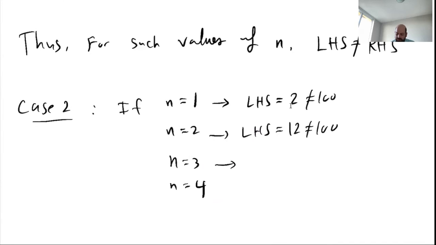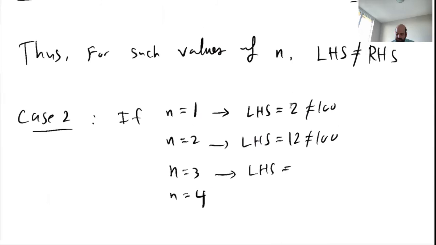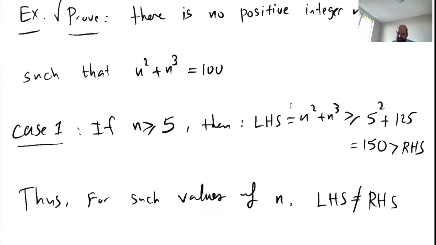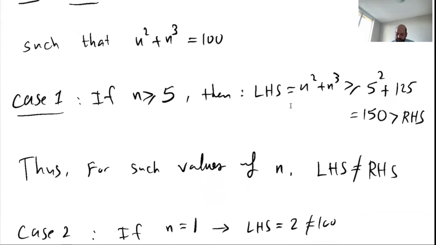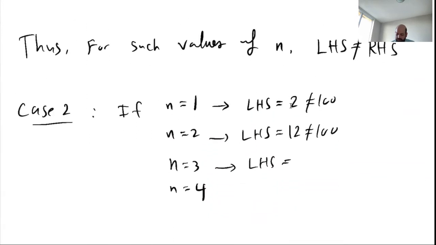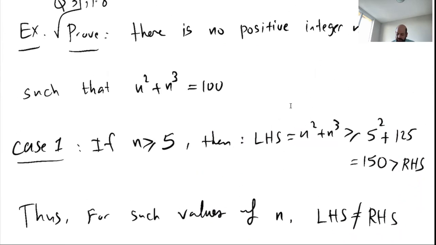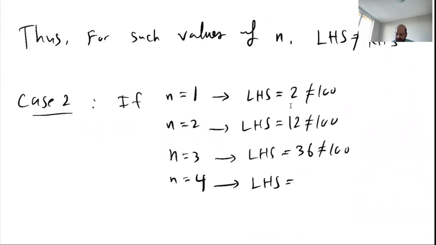If n equals 3, the left-hand side becomes 3 squared plus 3 cubed, 9 plus 27, 36, not equal to 100. And if n equals 4, the left-hand side becomes 16 plus 64, that's 80, not equal to 100.